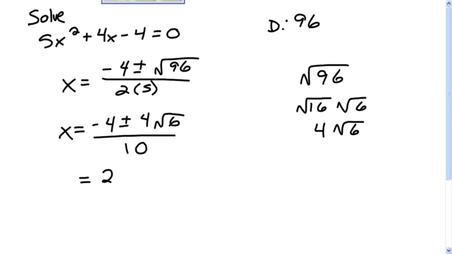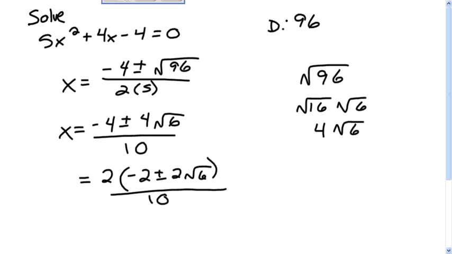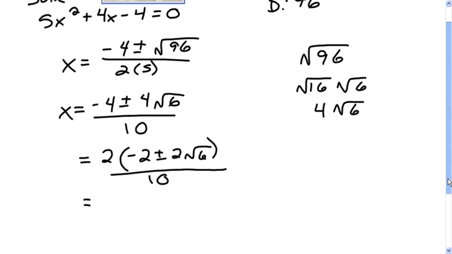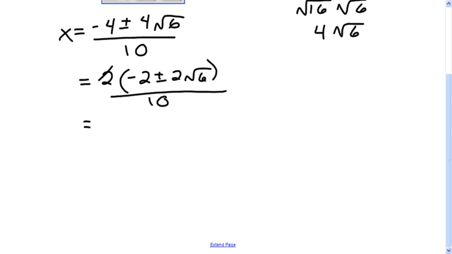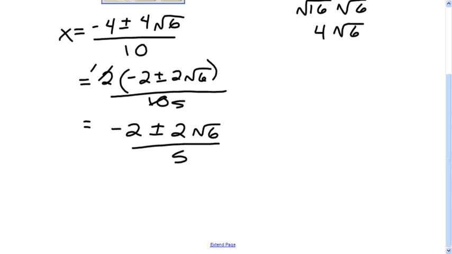So factoring out a 2, I'm left with negative 2 plus and minus 2 root 6 over 10. So 2 goes into 2 once, 2 goes into 10 5 times. So it's negative 2 plus and minus 2 root 6 all over 5. Because my discriminant was not a perfect square, I had to go through and do the quadratic formula.